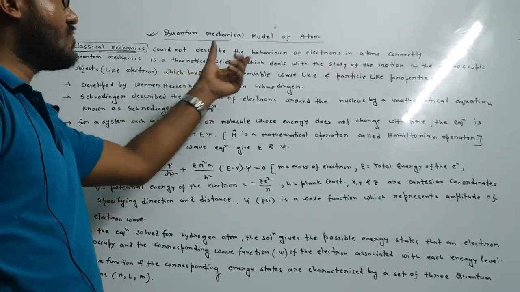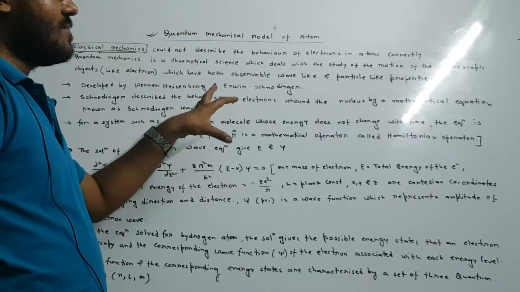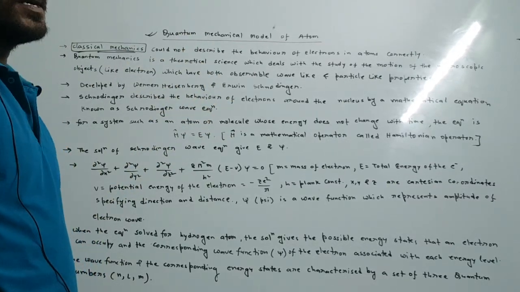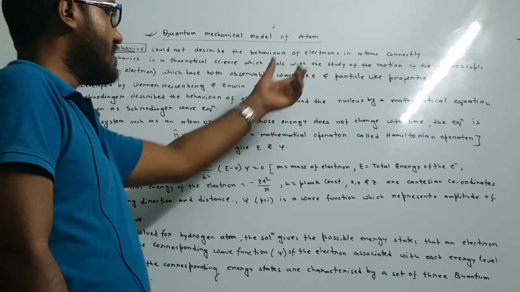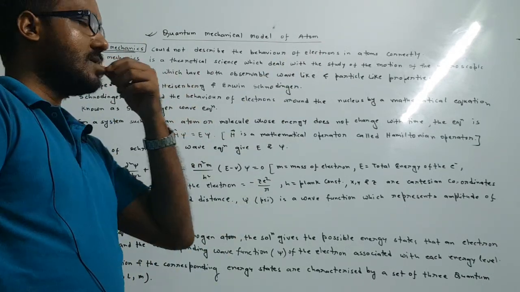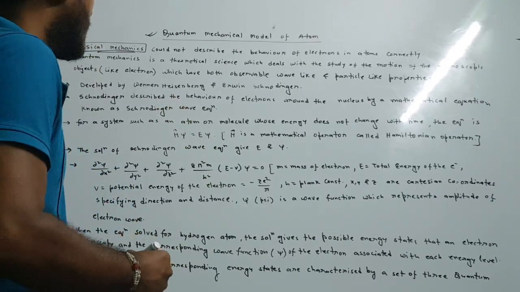We cannot measure both of them. We can measure either velocity or momentum, or we can measure the position of the electron at a particular time. So these are the drawbacks. And another drawback is the behavior of the electron in the dual nature.